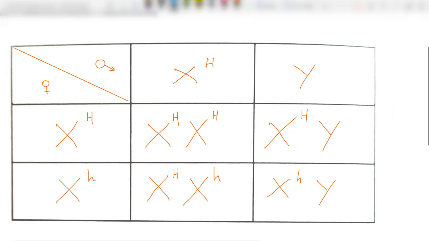Now, from the new combinations produced, we can tell that this offspring would be normal. This male offspring would also be normal due to the presence of the normal allele. The other female offspring would be a carrier.